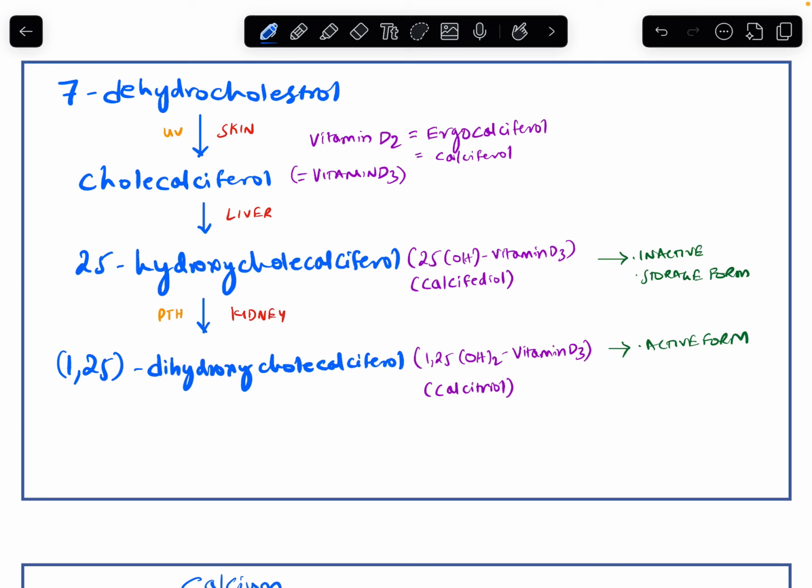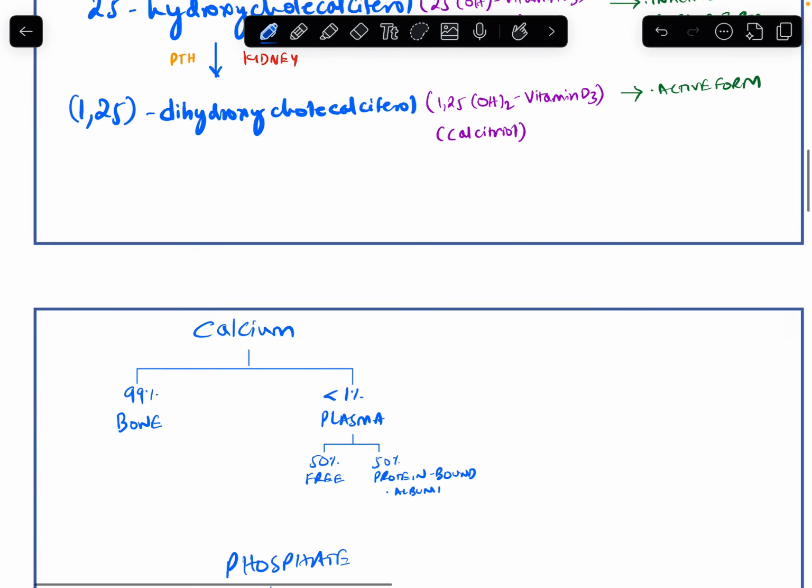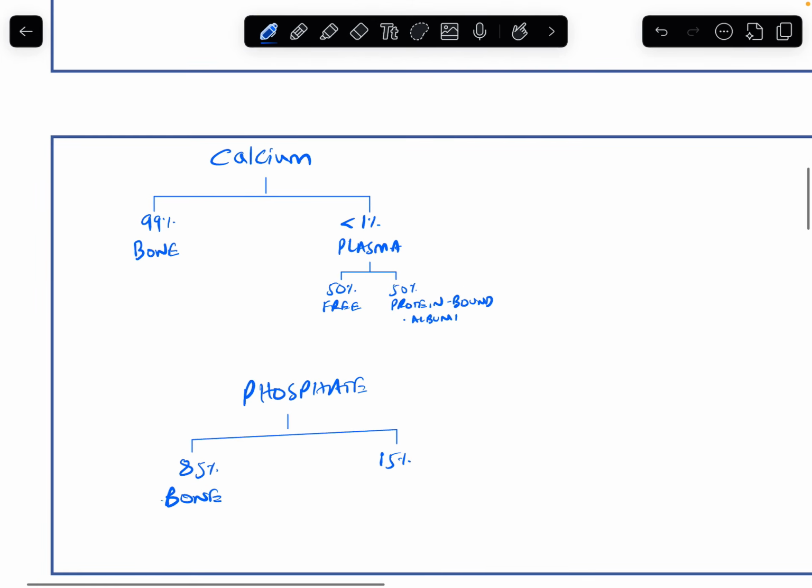This is in brief about vitamin D metabolism, and let's have a few words about calcium and phosphate. 99% of calcium in the body is sequestered in the bone, and less than 1% is in the plasma and extracellular fluid.